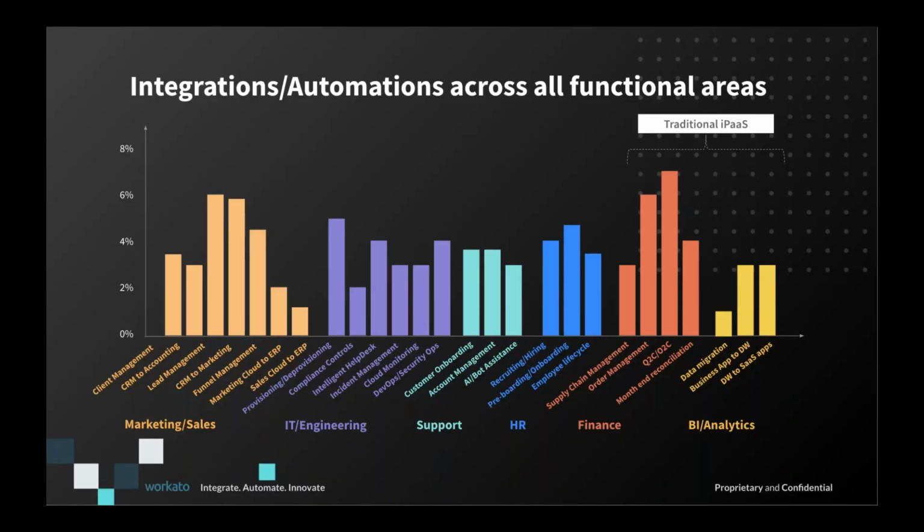This is an overview of the different integrations and automations that our customers use us for. And the reason this is interesting from an embed perspective is you may have a product that is focused on marketing, you may have a product that's focused on support, and this tells us that we already have a significant amount of usage in those areas that can actually help with your solution.